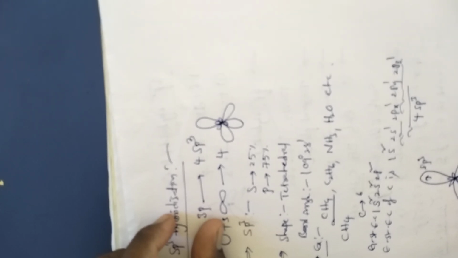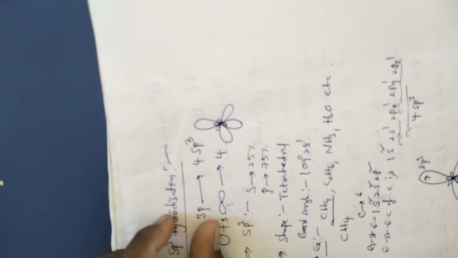Here, the 4 sp3 hybridized orbitals of one carbon atom linearly overlap with the 1s atomic orbitals of 4 hydrogen atoms to form sp3-s sigma bonds.